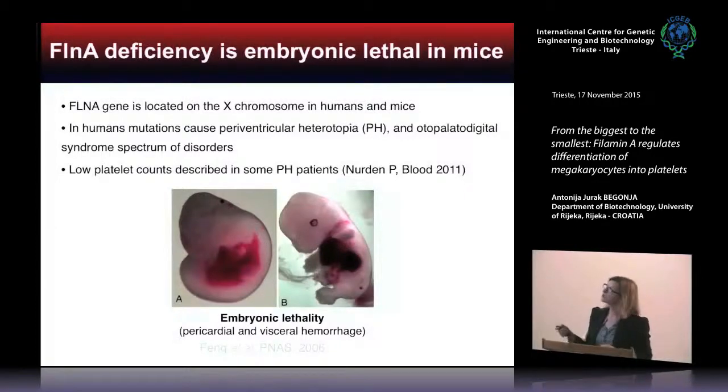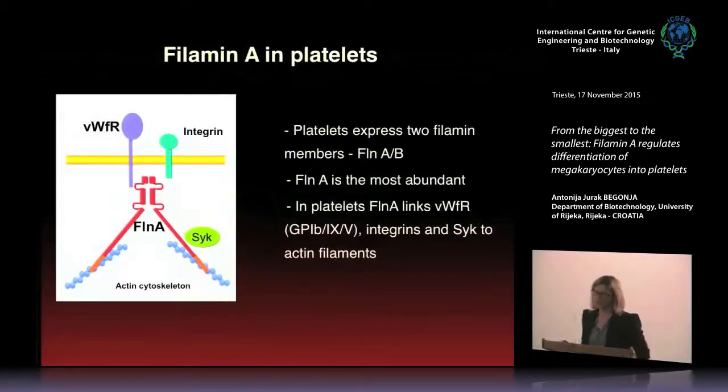And in some patients with periventricular heterotopia, there have been some descriptions of low platelet counts, hemorrhage and thrombocytopenia. So when researchers tried to make knockout mice, it was embryonic lethal because of pericardial and visceral hemorrhage around the 14th day of embryonic development.